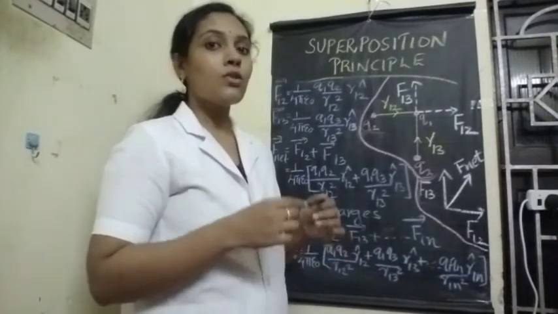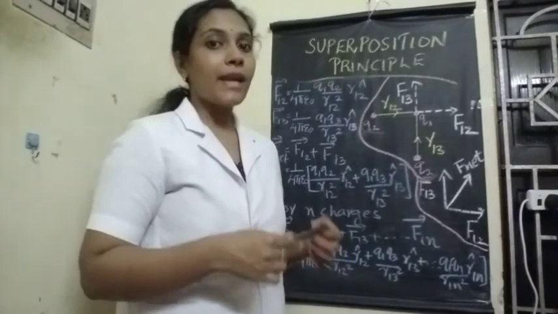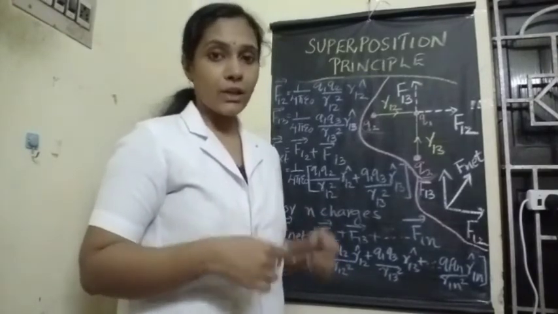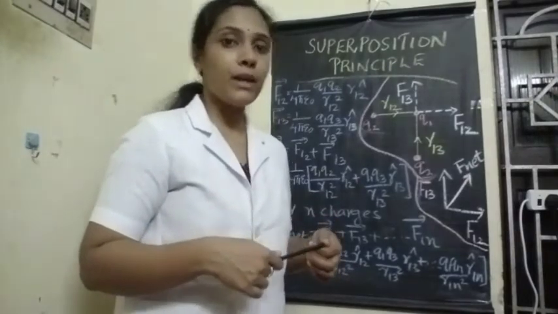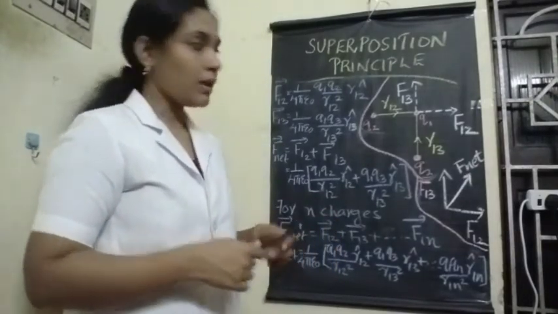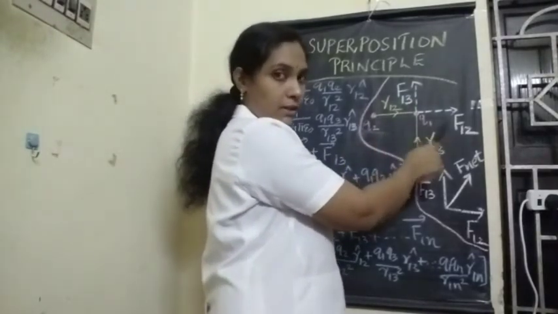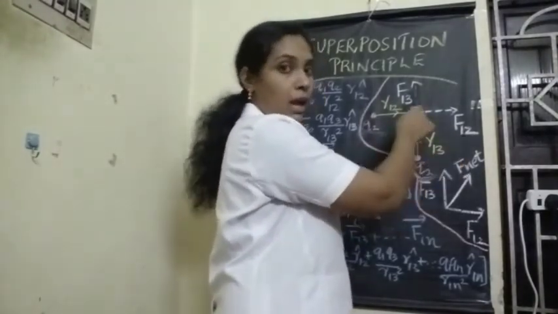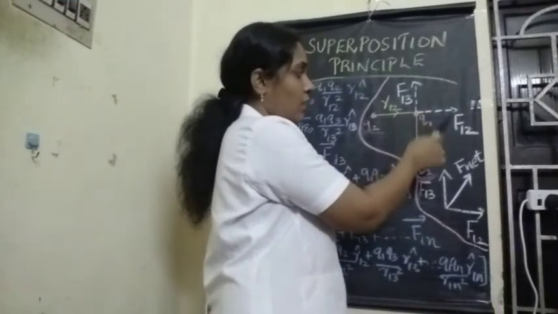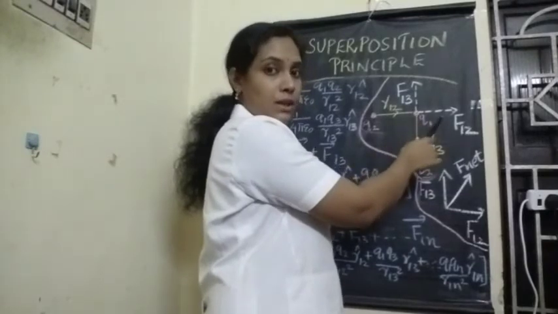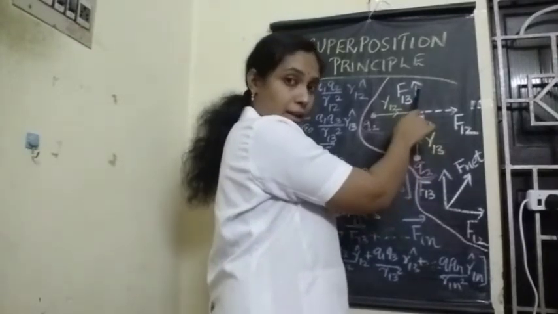So this is the superposition principle, and using it we can easily calculate the force acting on any charge due to multiple charges. Now in this case, two forces are present. One force is F12 and another force is F13. You know force is a vector quantity. So this is a vector, this is another vector.